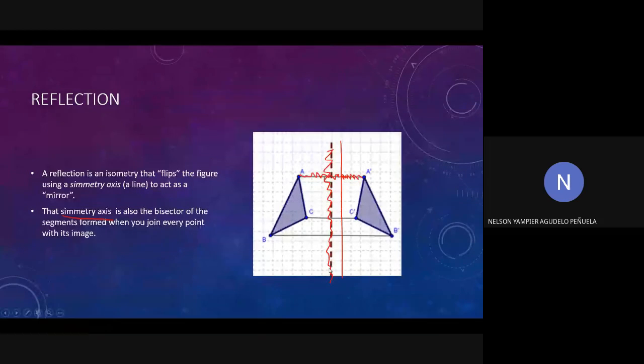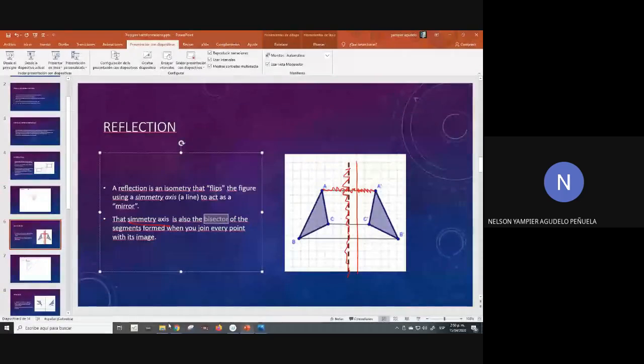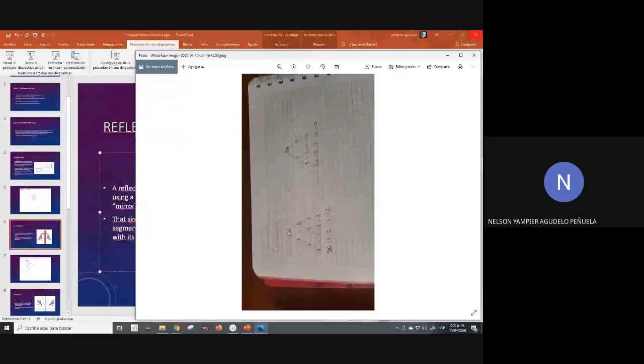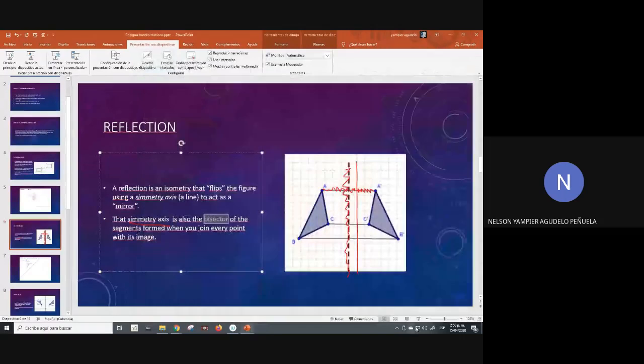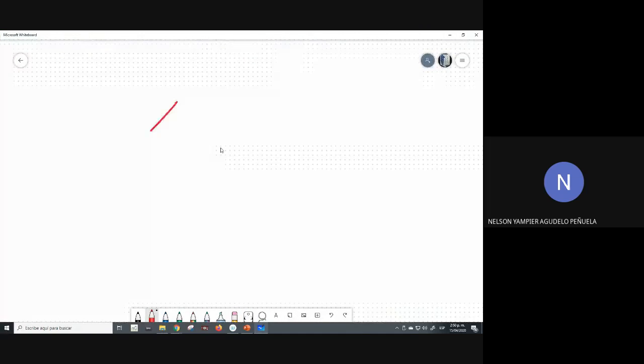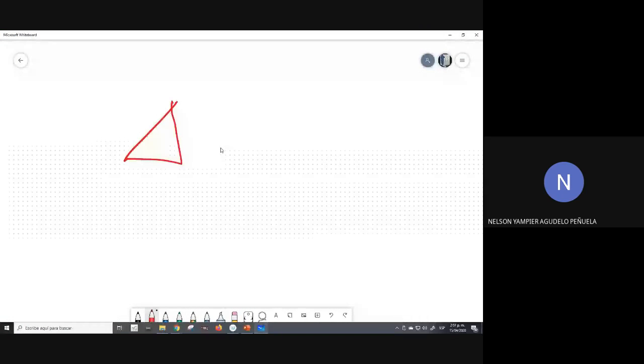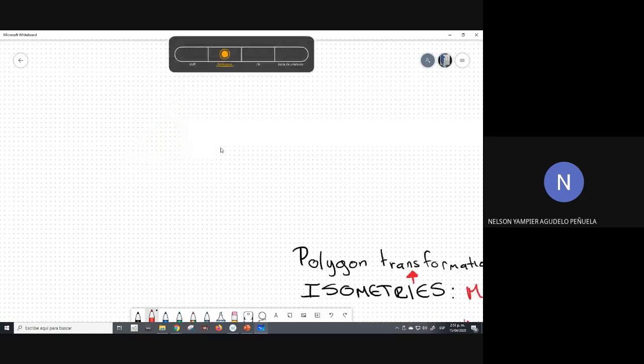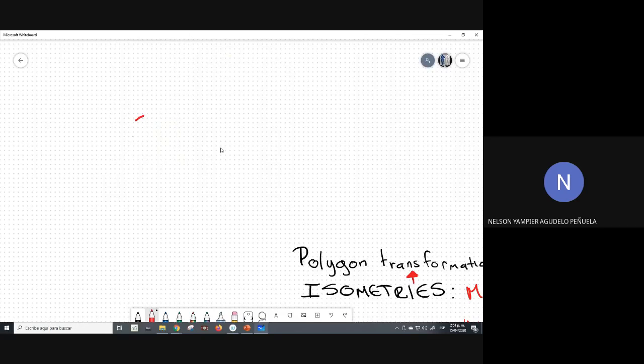Another thing. You cannot say that, for example, you have this figure. Perdón por hacerlo tan feo. You cannot say that you have this figure and you have the reflection.